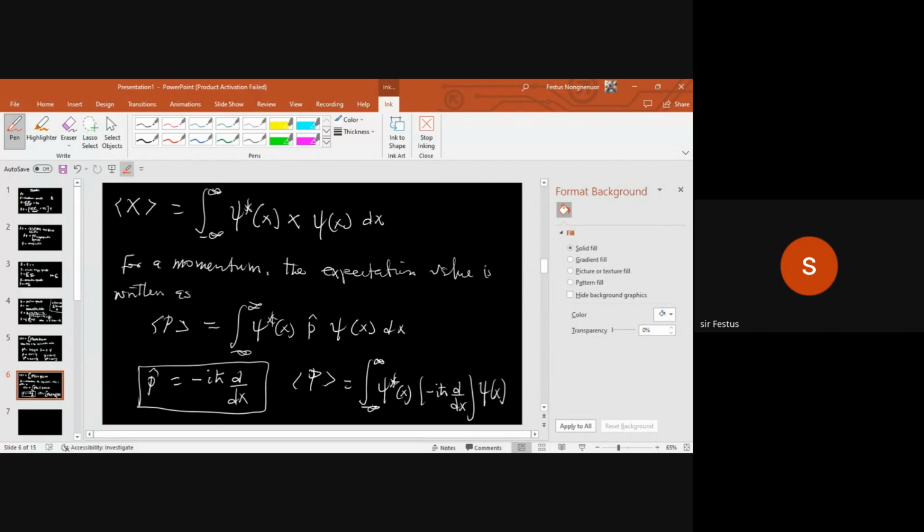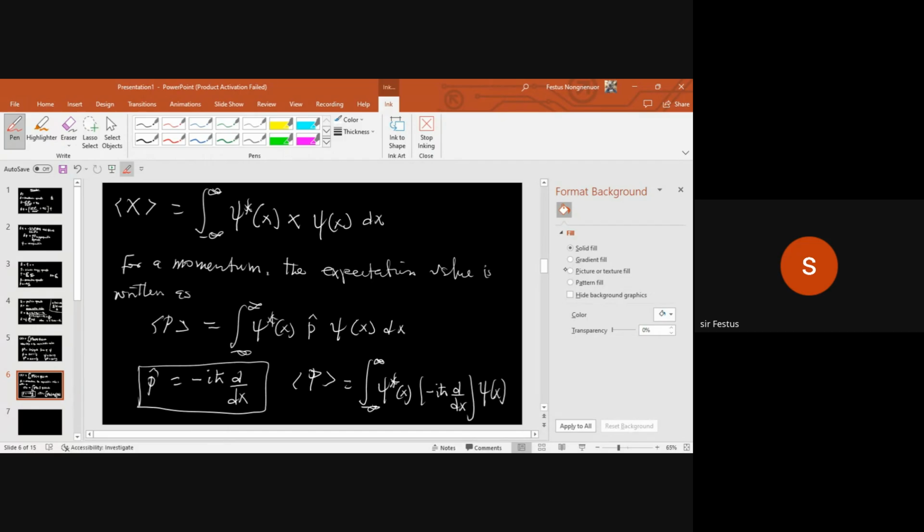So again, the psi conjugate of x has nothing to do with the operator. Remember I said operators act to the right of the function they are written before. So you only operate this one on the real part of the wave function.